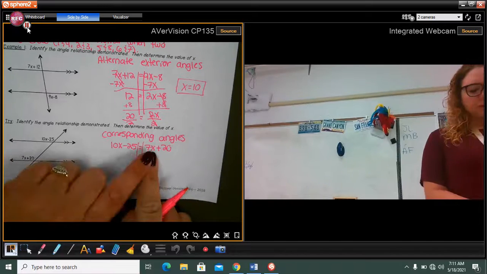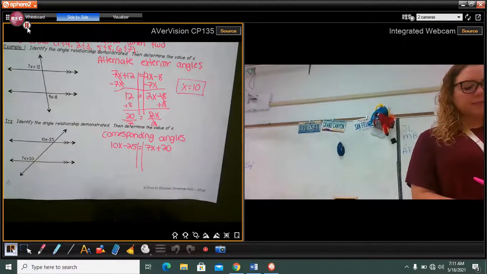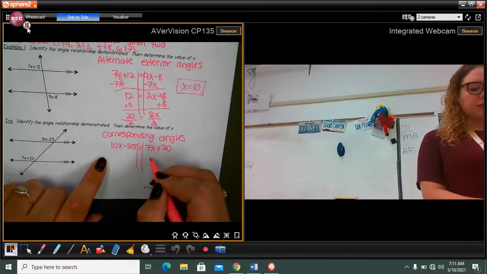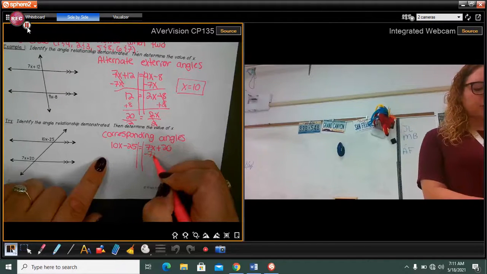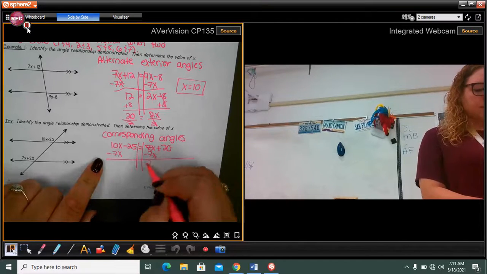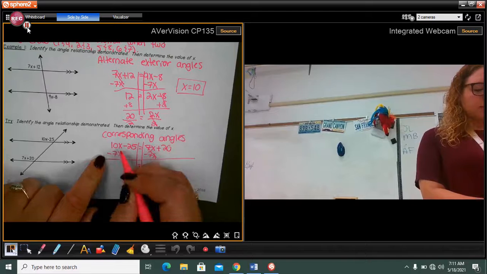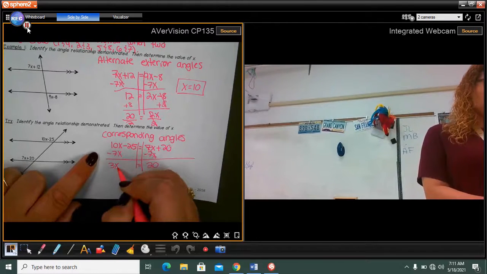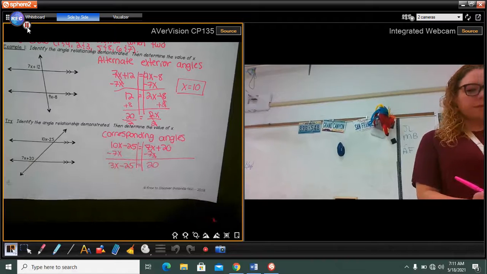The first thing we need to do is get the variables all to one side. So to move the 7x over, we're going to do the inverse, which is subtraction. I'm left with 20 equals 10x minus 7x, which is 3x minus 25.